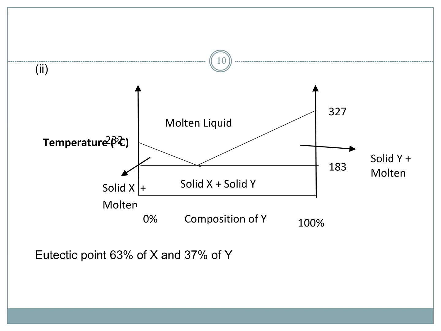So at 35% of X, so this one is 100% of X, 0% of X. So 35% of X, let's say here. So you draw a line here. So you will get solid Y. So solid Y will crystallize first before reaching the eutectic point.